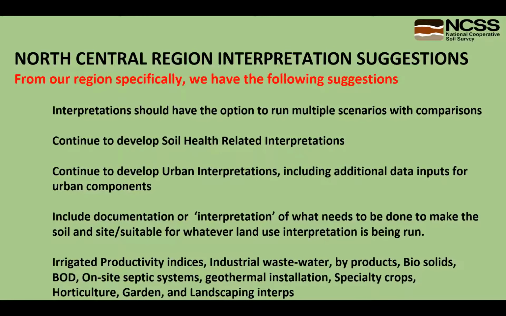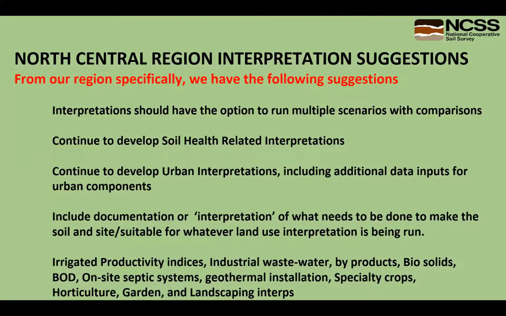Others that we could have are interpretations that have the option to run multiple scenarios with comparisons, so you can have maybe a high-low RV. Continue to look at soil health related interpretations. I know these are fairly generalized here.